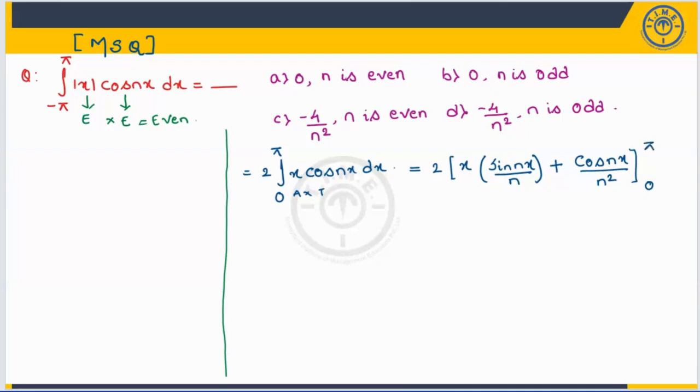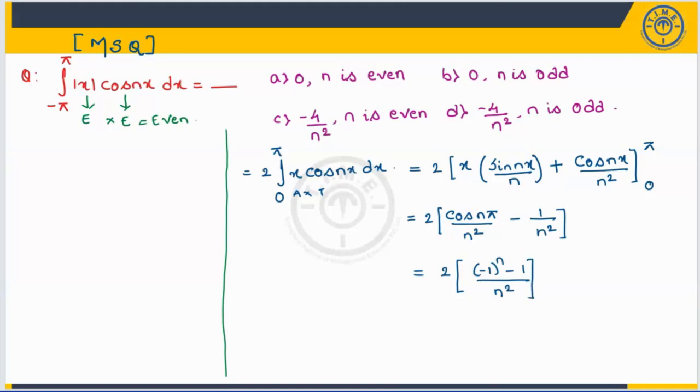So if we apply the limits, that is 2 times, sine n pi is always 0. So what you are having? Cos n pi upon n square minus 0 into sine 0, that is 0, cos 0, that is 1. And that is equal to 2 times, cos n pi value is minus 1 to the power n, minus 1 by n square.